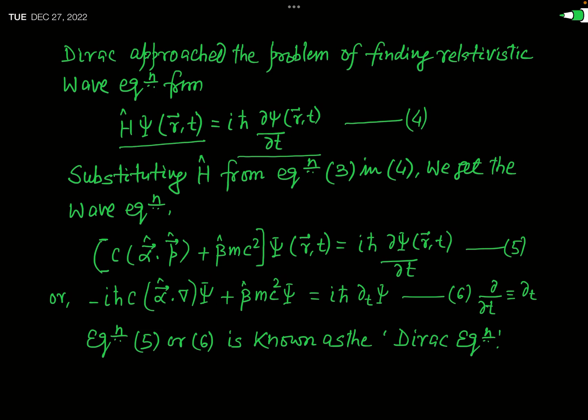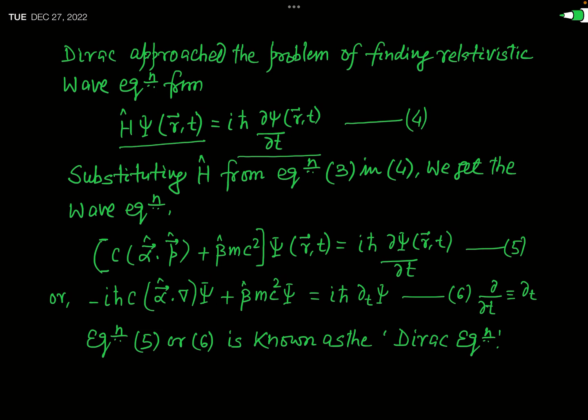Now to get the Dirac equation, we will simply substitute the expression for the Dirac Hamiltonian in this equation.